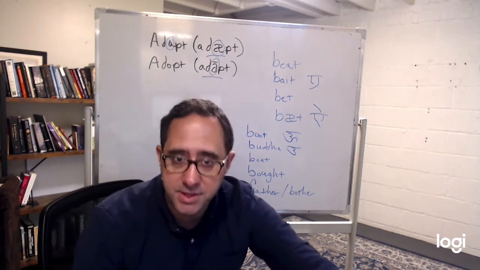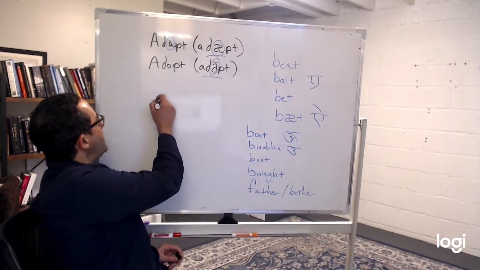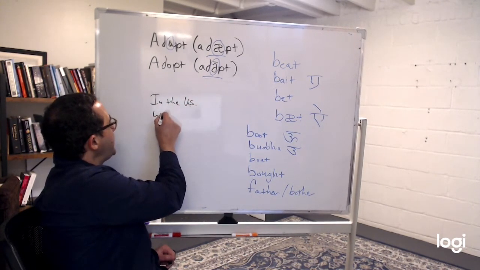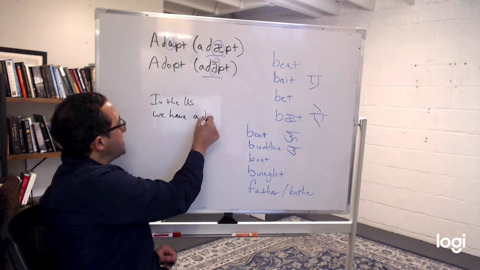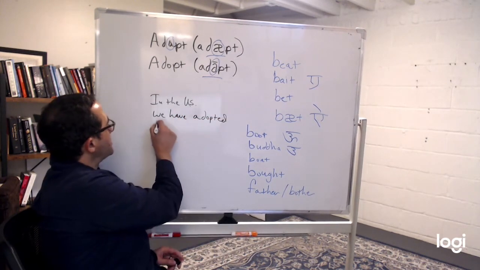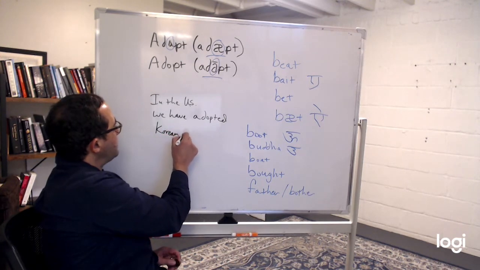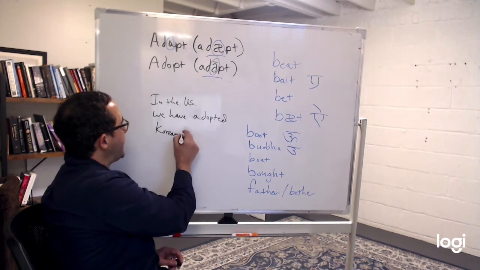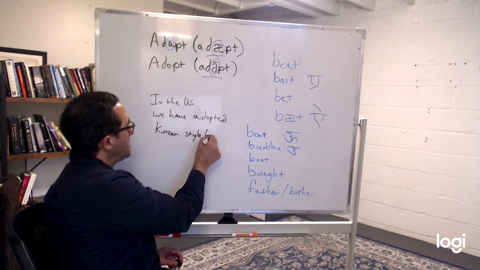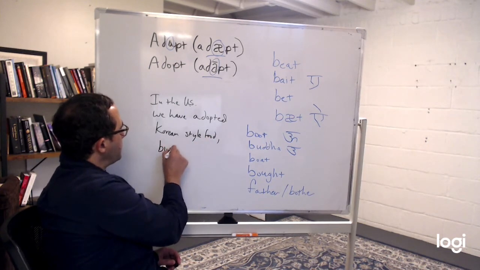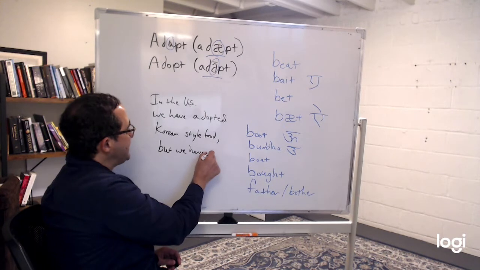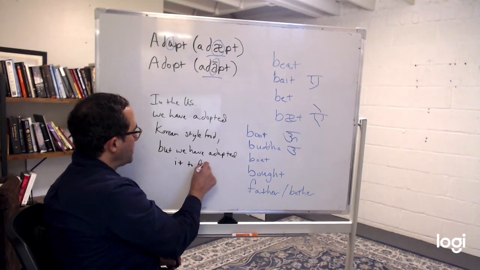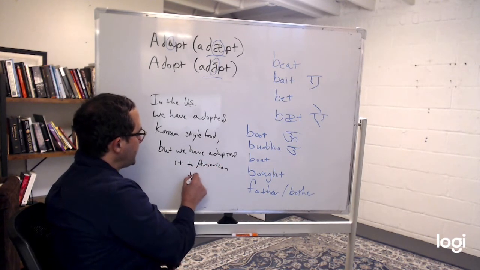And here's a good example. So in the US, we have adopted Korean style food, but we have adapted it to American taste.